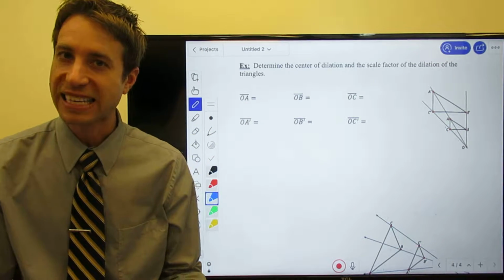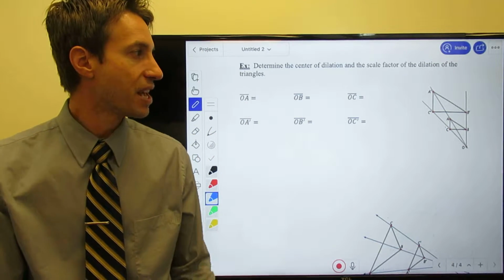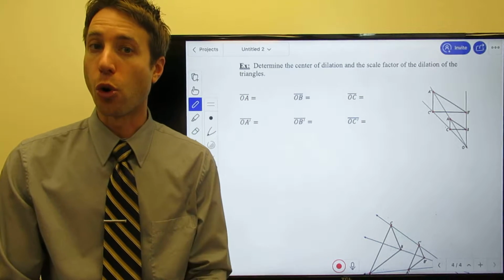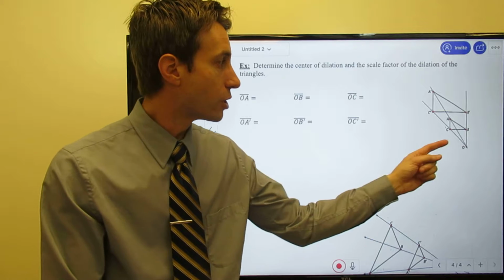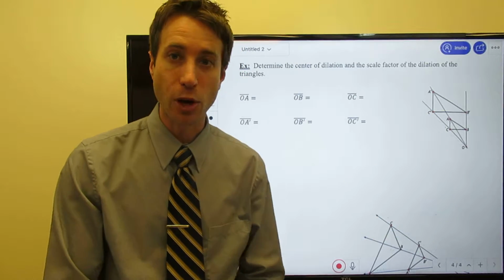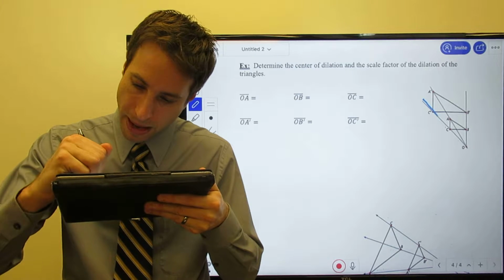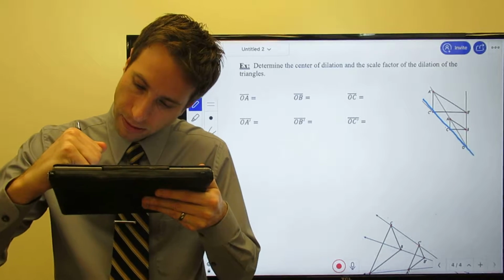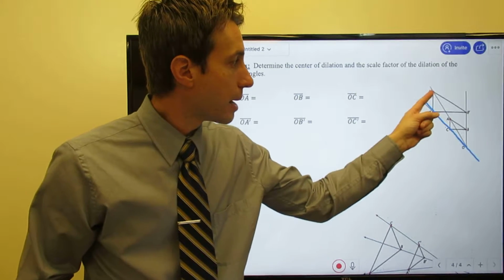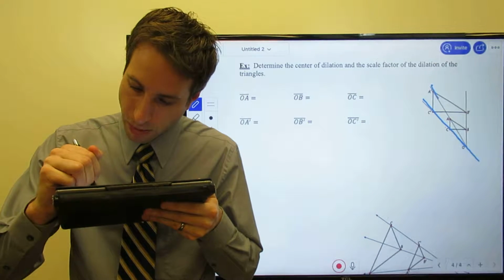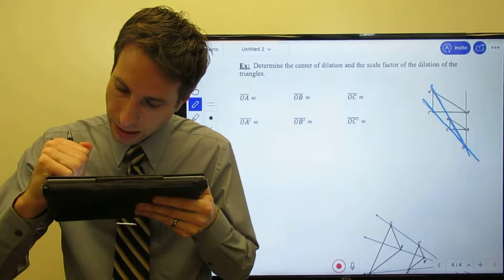The way you find that center of dilation is by what I just highlighted, connecting corresponding vertices. So C and C prime go together. I will draw a straight line through C prime and C. Then A prime and A, corresponding vertices, draw a line through A prime and A, right?